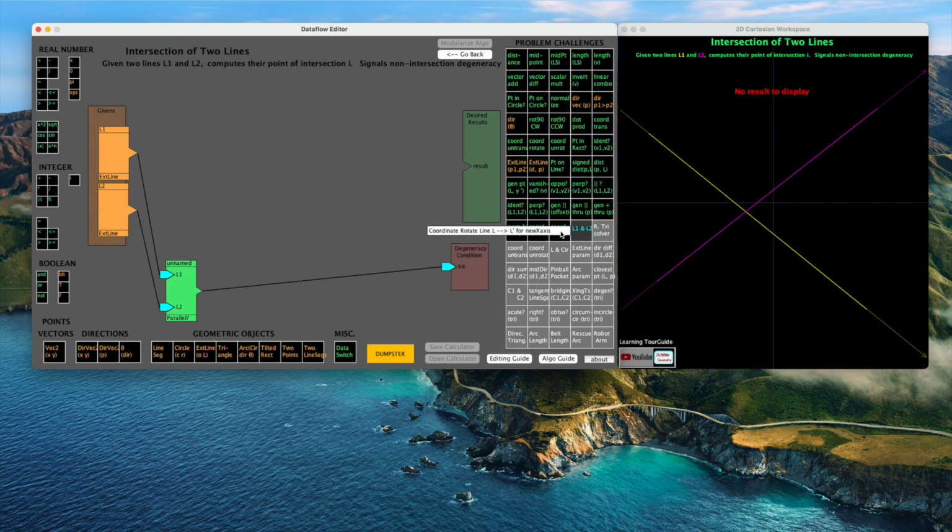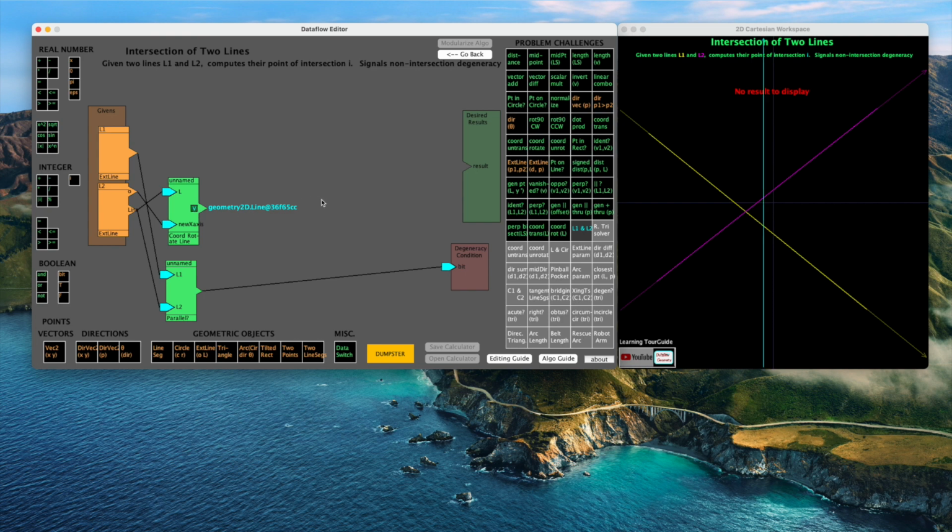So let's pull out a coordinate rotate line. This is the module you just solved in the last challenge. And we're going to take the orientation from line L2 and use that as the new x-axis. And based on the theory, this should make this line stand perfectly vertical.